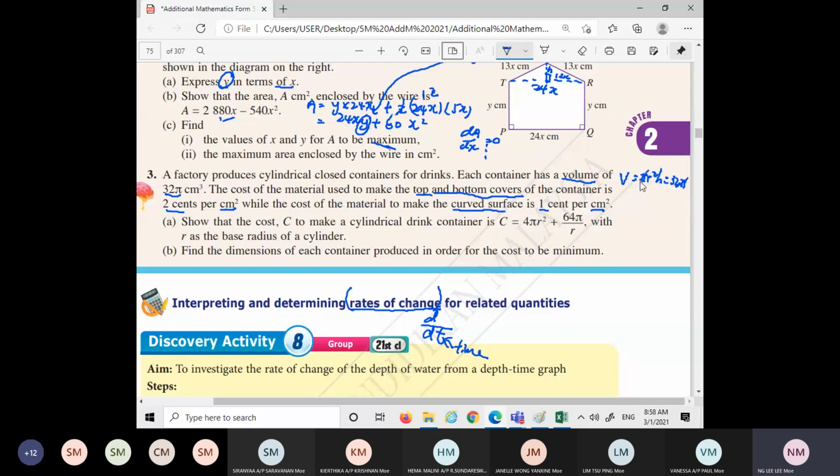Okay, the pi and the pi can cut. Therefore, r square h is 32. I see here there's no h, so I assume that you have to replace your h in terms of r. So I get ready with this. Okay, next.